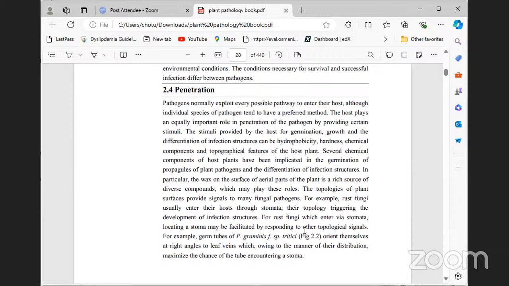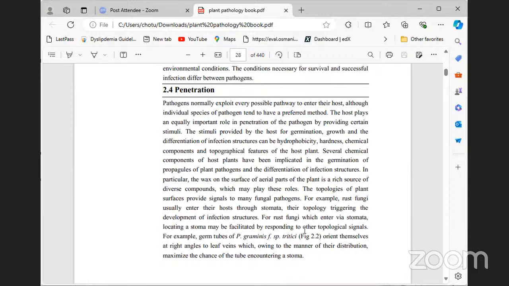These rust fungi usually enter the host through stomata. Their topography triggers the development of infection structures. For rust fungi, which enter via stomata, locating a stomata may be facilitated by responding to topographical signals.